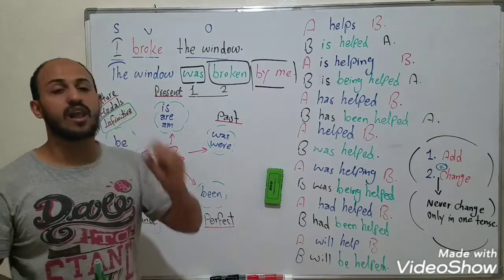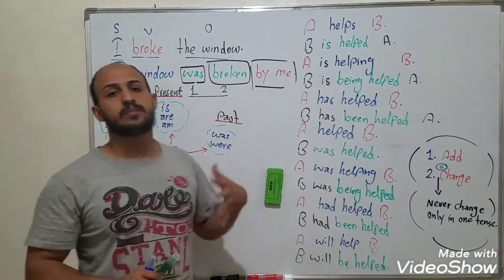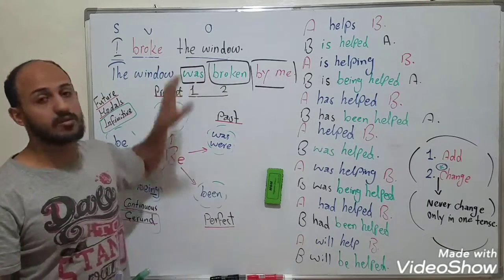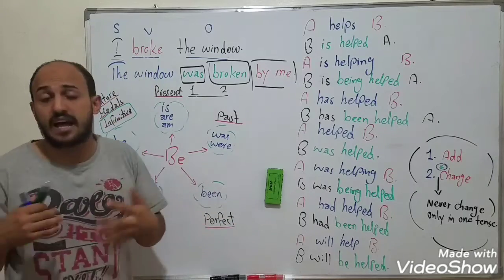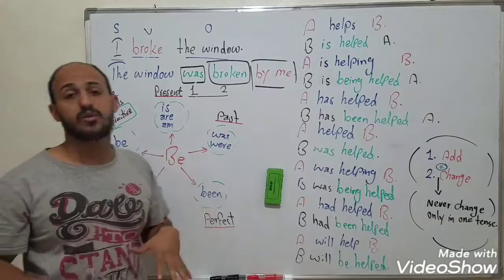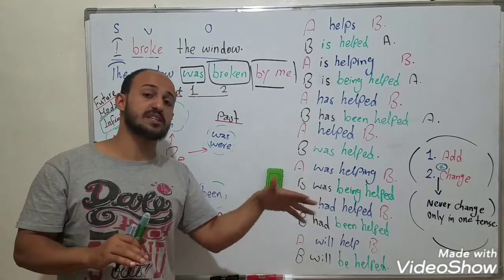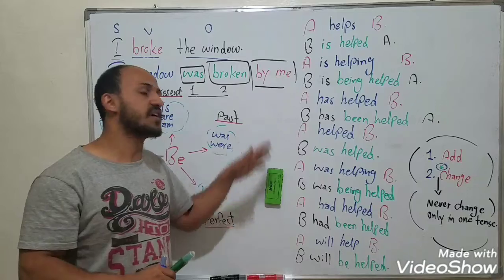All right, now the last point, which is by me. Listen, we use the passive to focus on the object, okay, so it doesn't matter who the subject is. I don't care about it, all right? So if you know who that person is and it matters to you to mention him or her, it's fine, all right?